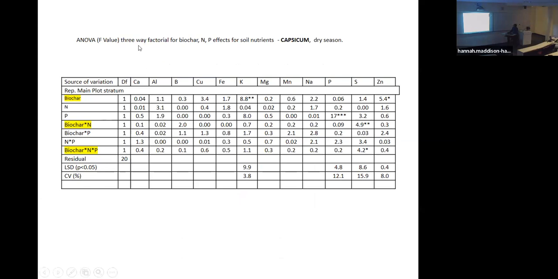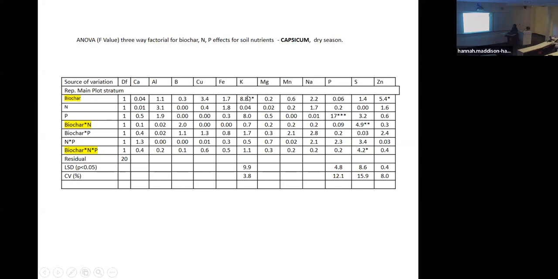The results of this study indicated that the application of biochars, nitrogen and phosphorus affected soil nutrients. This one is for soil nutrients for capsicum in the dry season. The biochar application actually affected potassium.